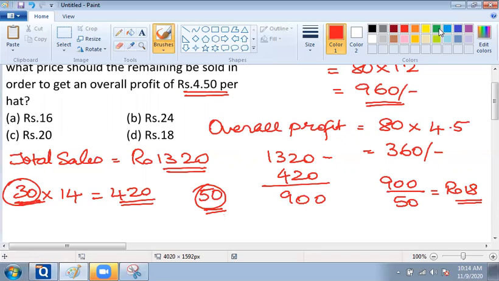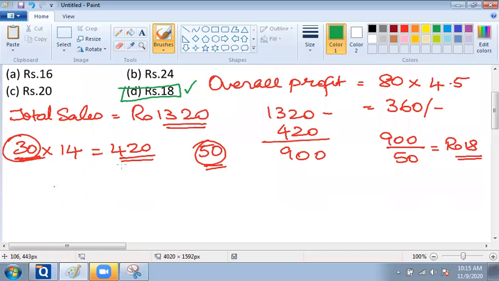So this is the second type of hats that is getting sold here. Its selling price corresponds to rupees 18 per hat, and that is option D. Altogether, there are 30 hats sold at the rate of 14 per hat and 50 hats sold at the rate of 18 per hat, and that gives us a total sales amount equal to 1320.